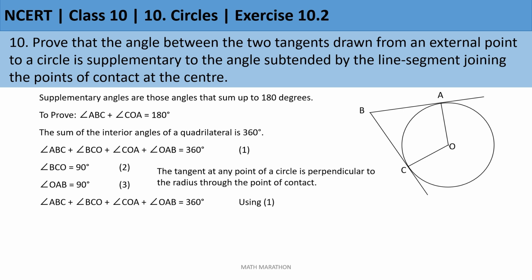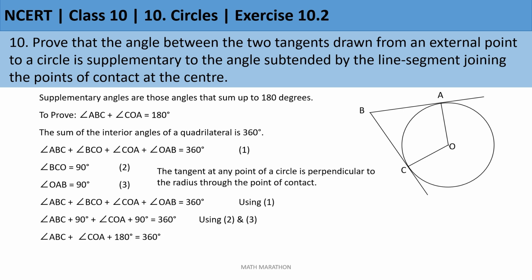Angle ABC plus angle BCO plus angle COA plus angle OAB is equal to 360 degrees. Angle ABC plus 90 degrees plus angle COA plus 90 degrees is equal to 360 degrees.